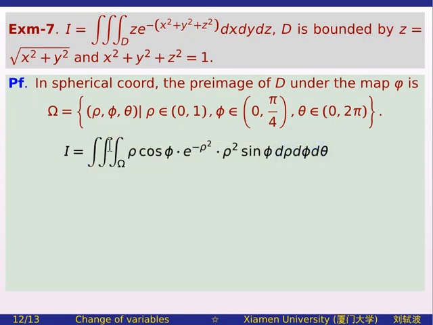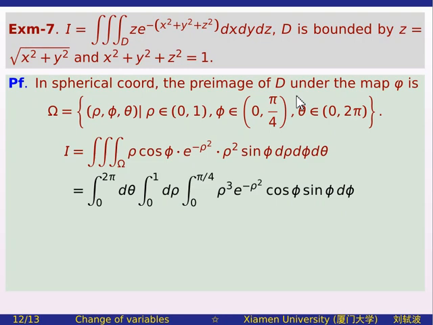Now, since the integral domain omega is a three-dimensional rectangle, we can apply the Fubini theorem twice to write this triple integral as an iterative integral.